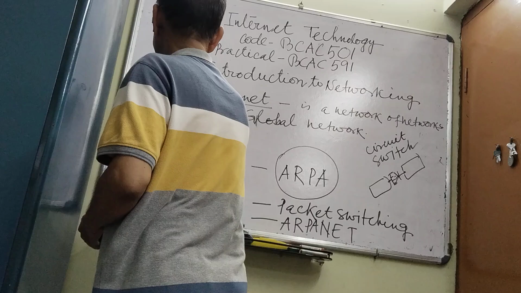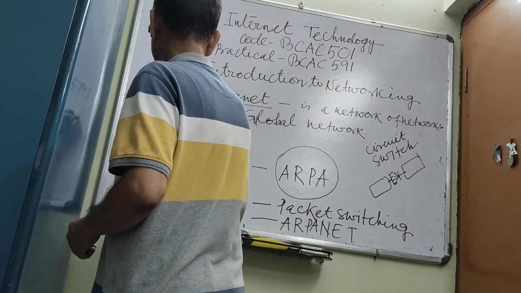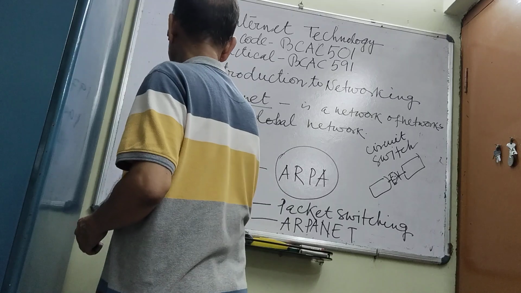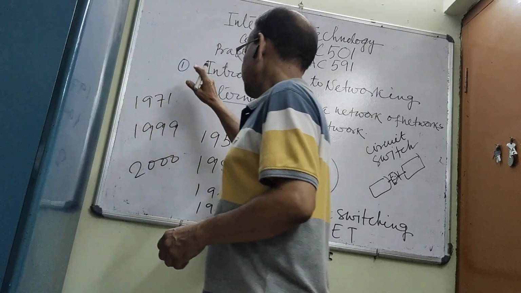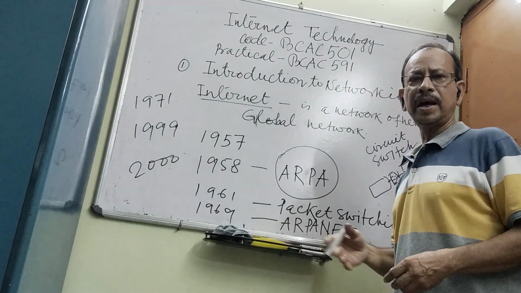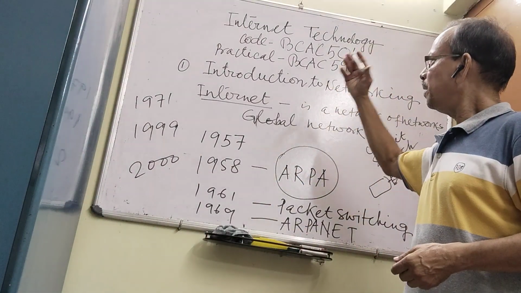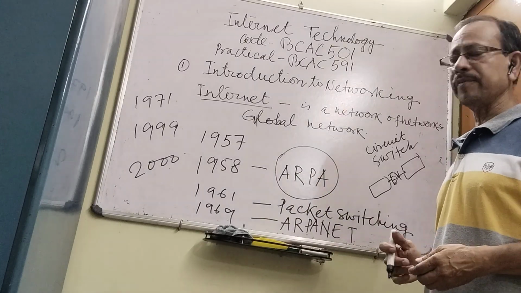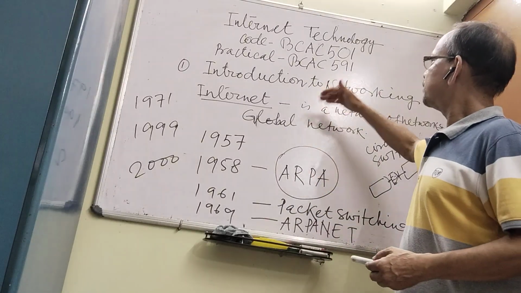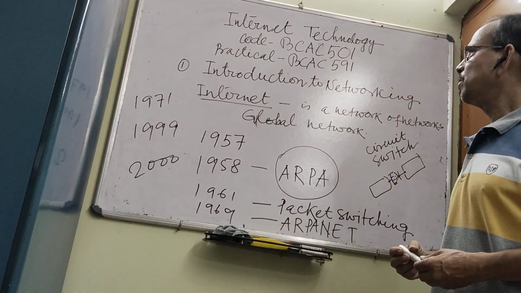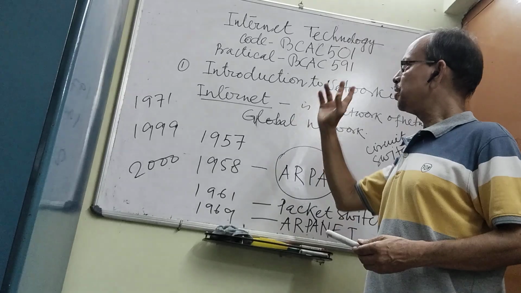In 1971, and then 1990 and then 2000, there are so many things developed, and still now we are developing internet technology. Okay. And the first thing in this development of the internet, we divide the network into three things.